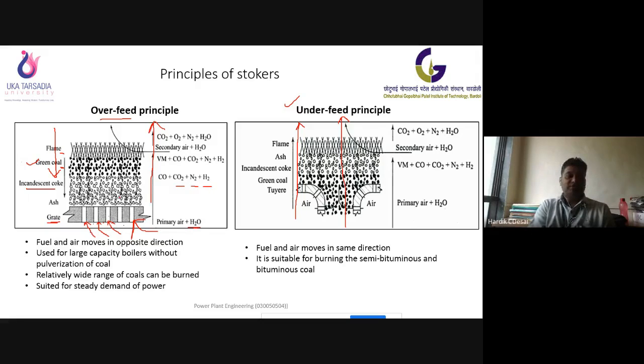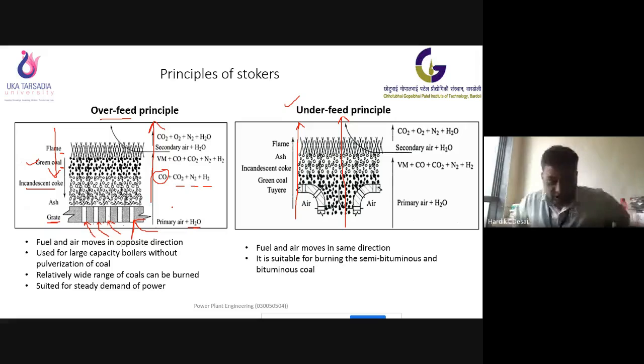If this layer of incandescent coke is more than the pre-decided thickness, say around 3 to 4 centimeters, then there will be a chance to generate carbon monoxide, which is a big pollutant. It is not good for the health of human beings.